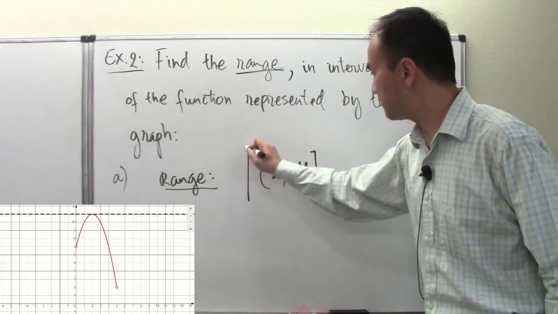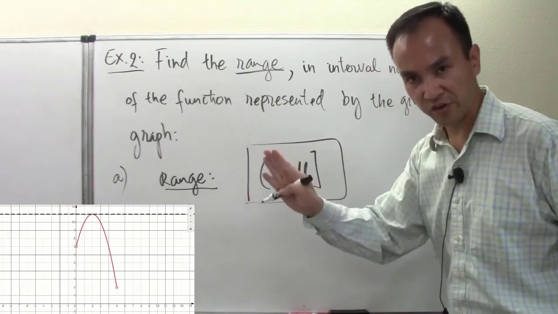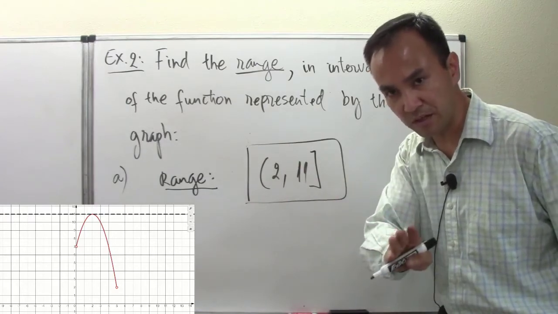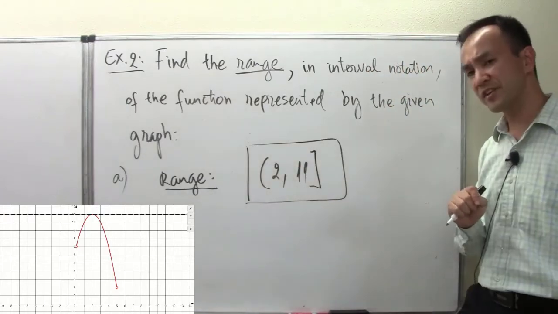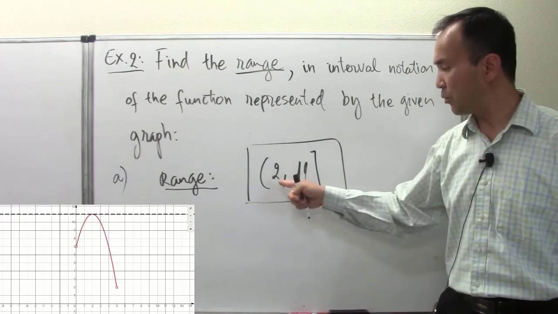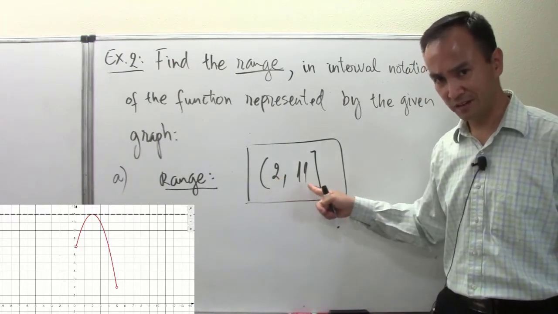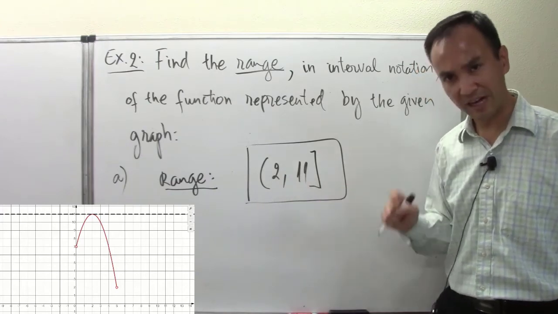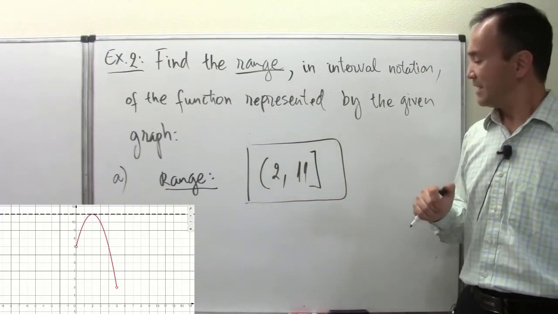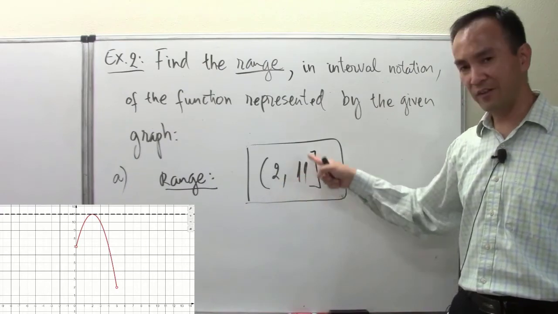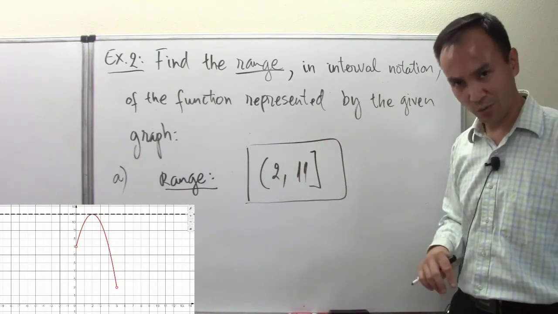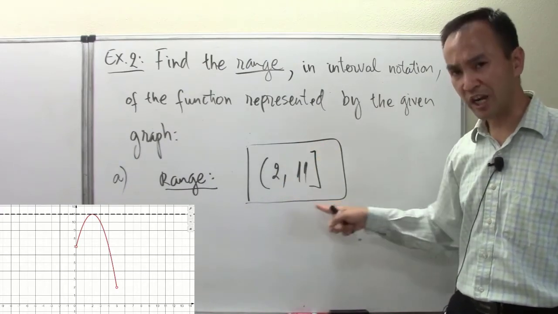So this is our final conclusion. The range for the function represented by that given graph is anywhere above 2 and up to 11, or anywhere between 2 and 11, including 11. That's another way of saying it, but that's why interval notation is quite convenient.